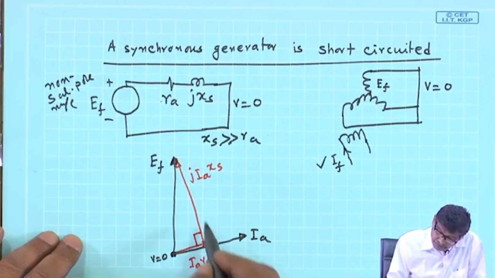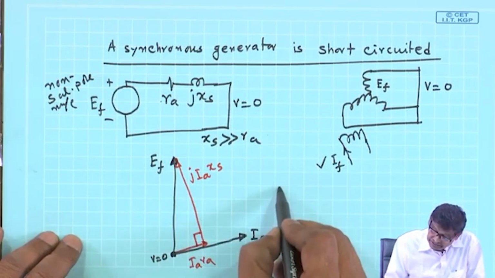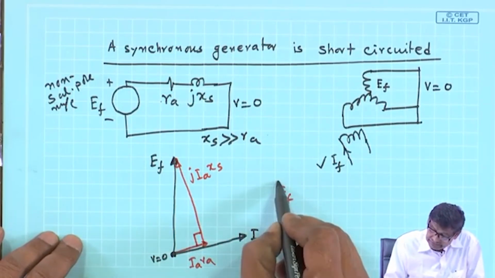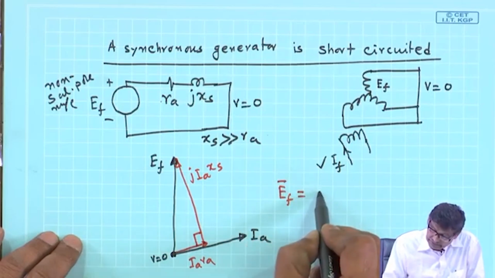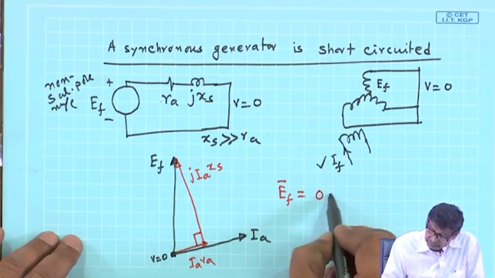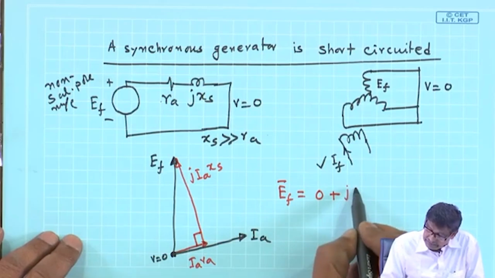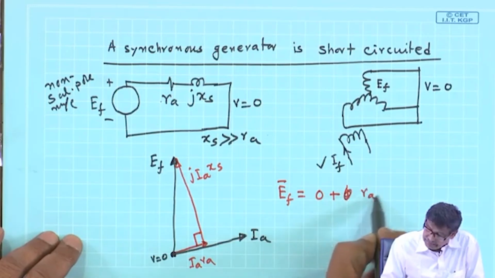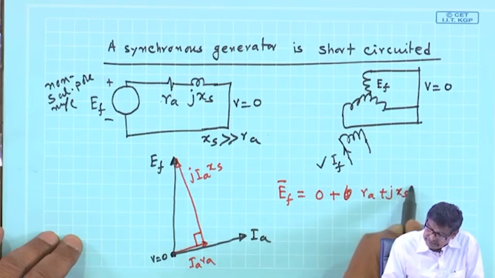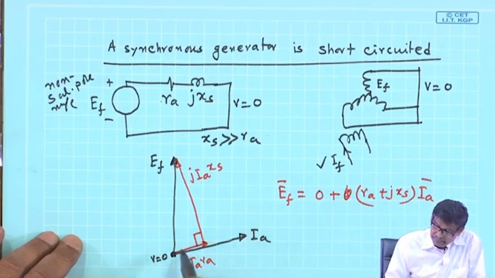Therefore, EF in this case will be V, which is 0, plus (R_A plus jX_S) into I_A.